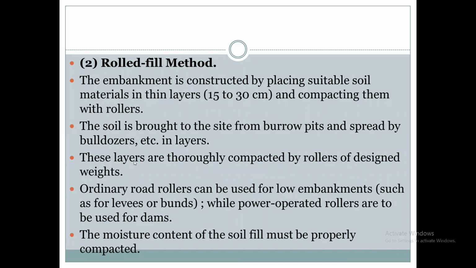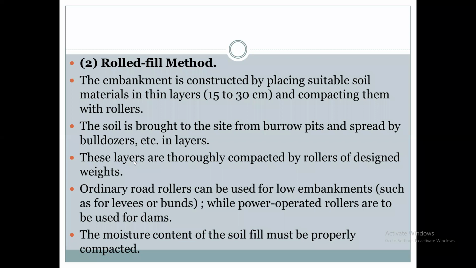The soil is brought to the site from borrow pits, spread by bulldozers in layers, and compacted by rollers.